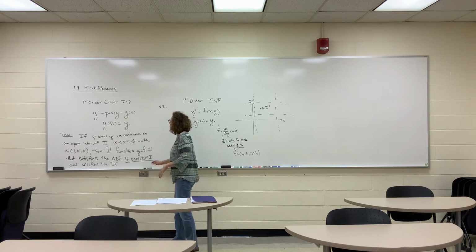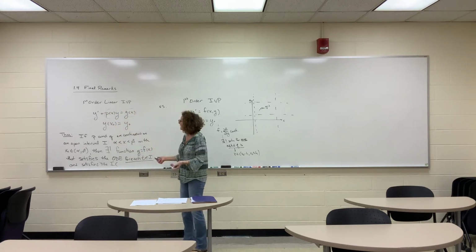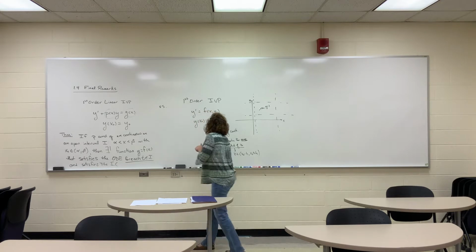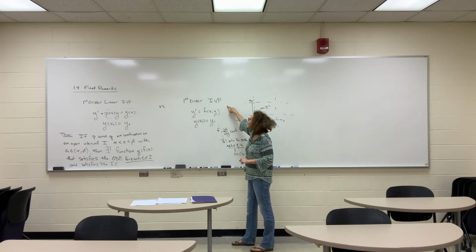It's in the equation. These functions determine where your solution is going to exist, so you know just by looking at the equation. That's huge because why? Let's contrast it with a first order initial value problem we've already talked about.